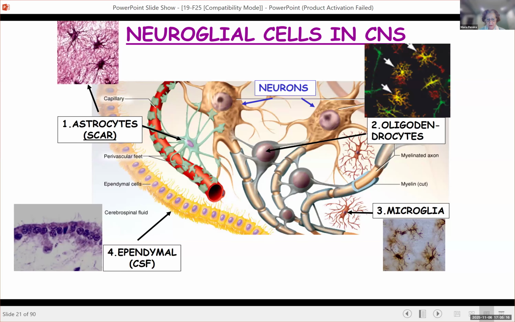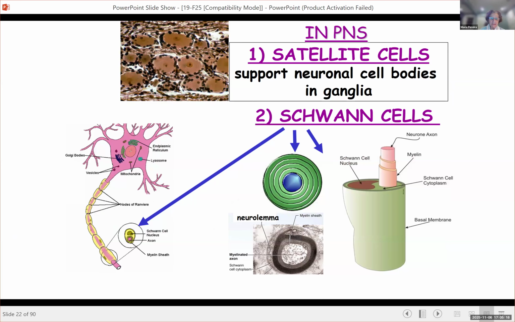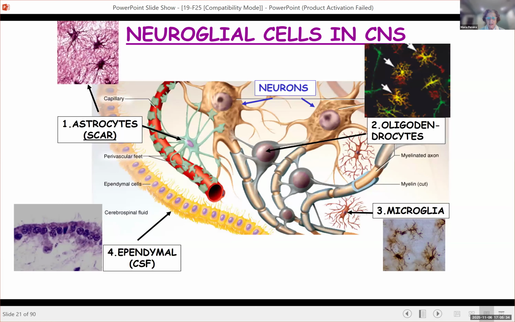If you look at the myelination in the peripheral nervous system, where you have the Schwann cells, you have one Schwann cell, another Schwann cell. One Schwann cell is dedicated to a section of the axon in the peripheral nervous system. Here in the central nervous system, you have oligodendrocytes instead of Schwann cells.